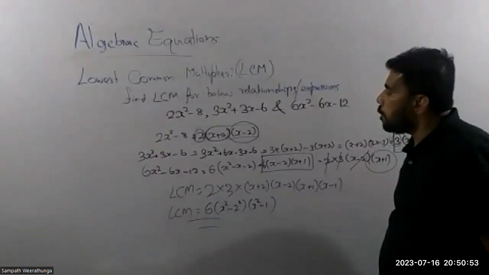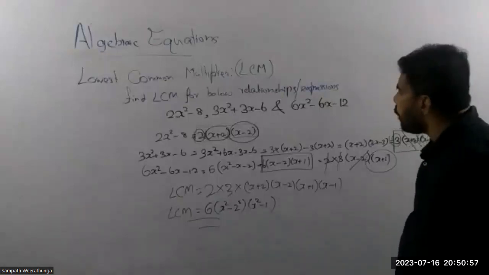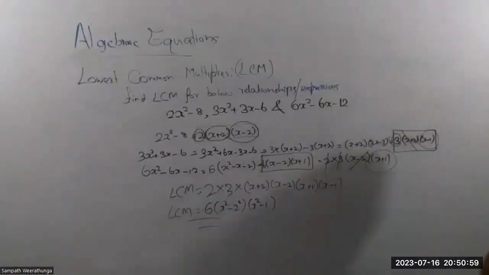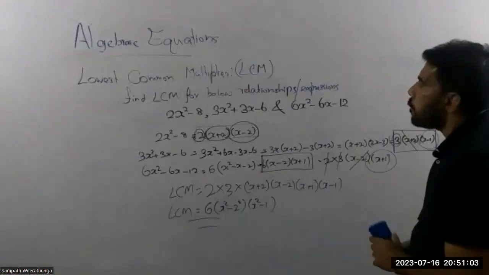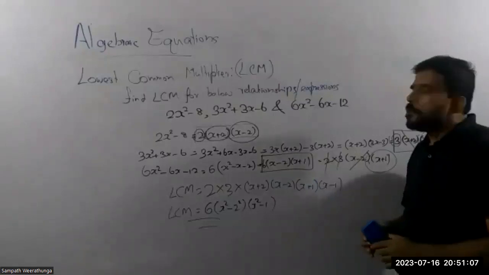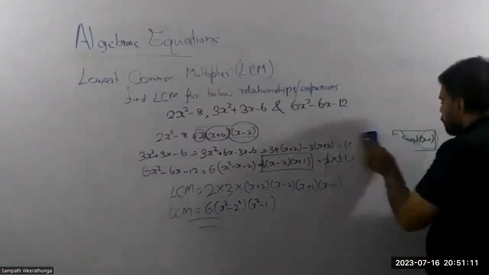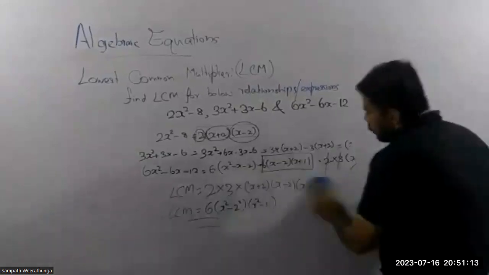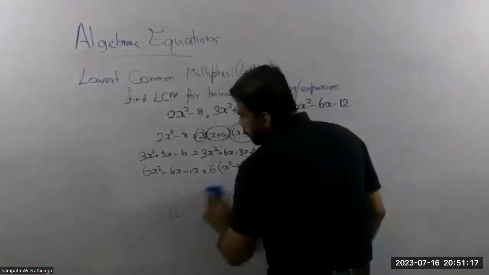Otherwise, we are not getting the correct answer, and most of the time we are ending up with wrong answer. So that is why I introduced this lowest common multiplier concept with the algebraic expressions. All right, I'll erase this and we make a few examples to clear ourselves how to apply the learning concept.